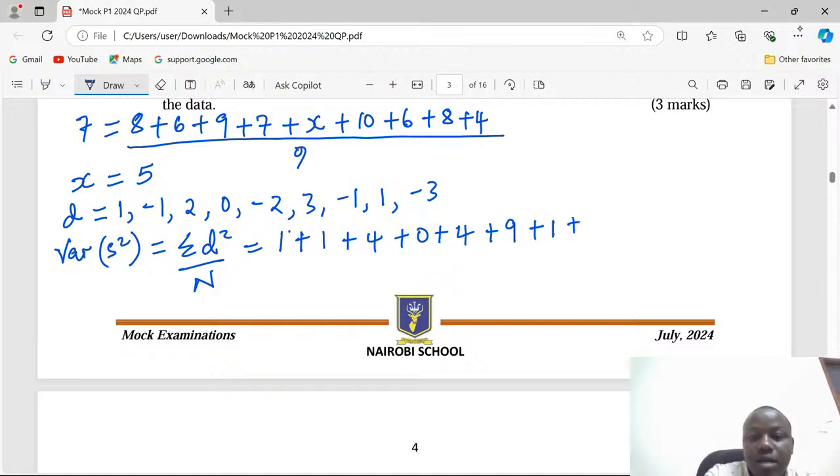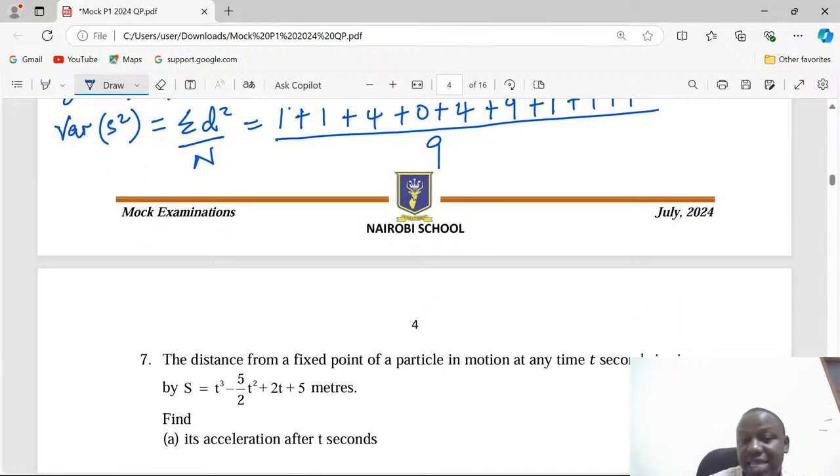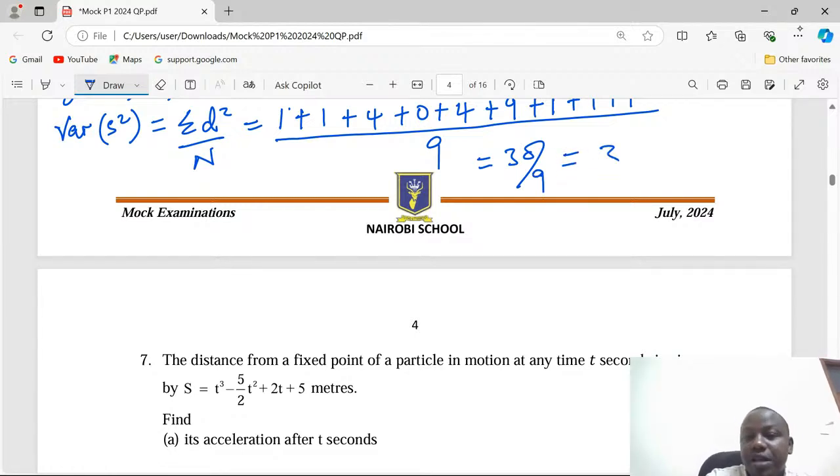This is 1, 1, and 9 again. Then we divide everything by 9. This is going to give us 30/9, and this simplifies to 3 1/3. 3 1/3 is the exact variance.